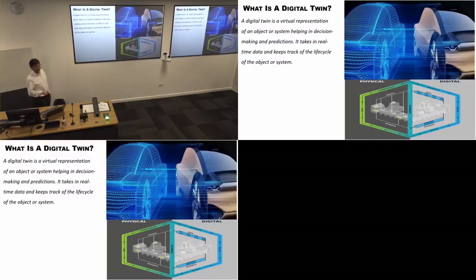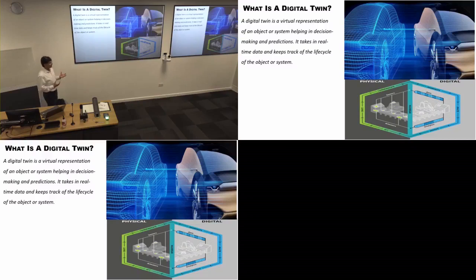Probably most of you are aware what a digital twin is, but just to set the context, a digital twin is a replica of any physical system. And this is precisely the physical system that I say is a cyber-physical system. The difference between a normal physical system and a cyber-physical system is that in a cyber-physical system, mostly the digital and the physical sides to some extent meet somewhere in the middle.